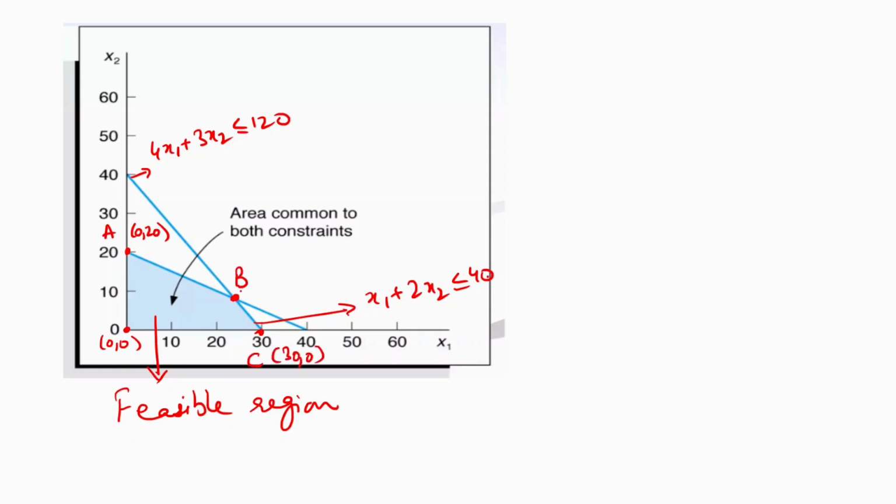So how can we find out the point B? You can just find the intersecting point of these two lines. So just put x1 as 40 minus 2x2 in this equation. So this would be 4 times 40 minus 2x2 plus 3x2 is equal to 120.